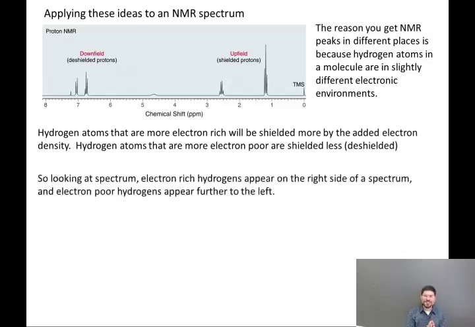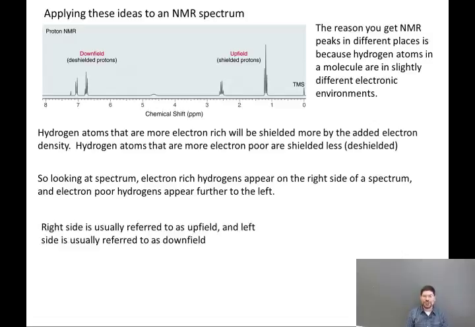Looking at the spectrum then, electron-rich hydrogens appear on the right side of the spectrum, and electron-poor hydrogens appear further to the left. The right side is usually referred to as upfield, and the left side is usually referred to as downfield.